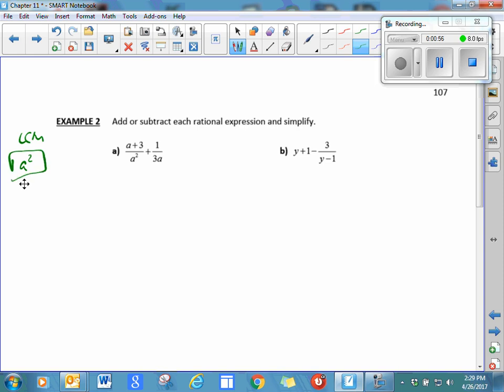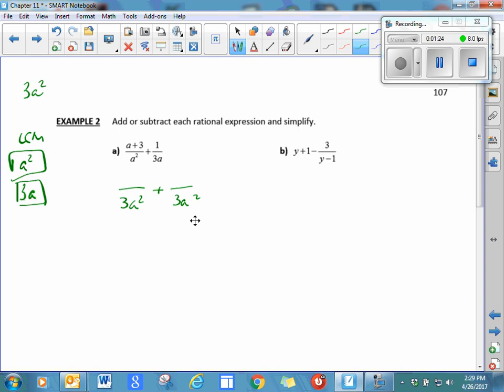Prime factorization of 3a is 3 times a. 3 is a prime number, and we just bring the variable in like it is. The LCM, you take every base that you see. So I see a 3 and an a, and you just write each base one time, but you take the highest exponent that you see. So 3a squared is going to be our common denominator.